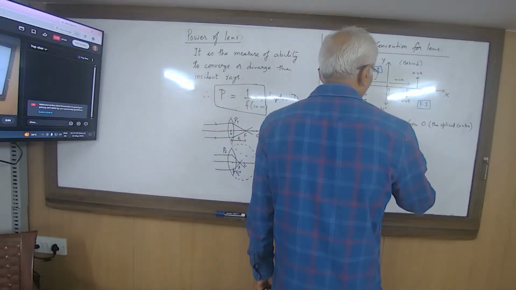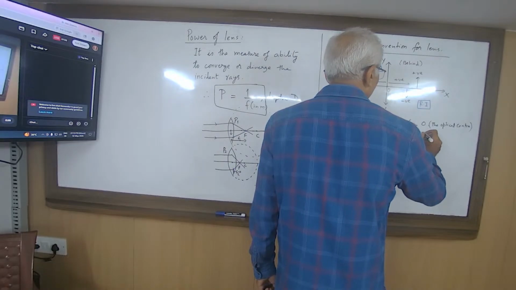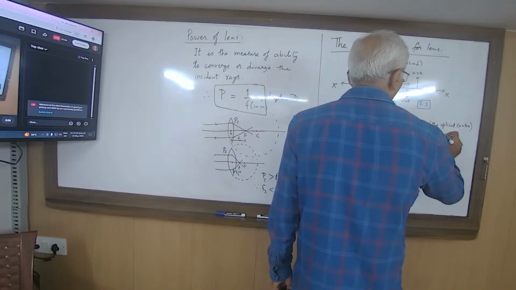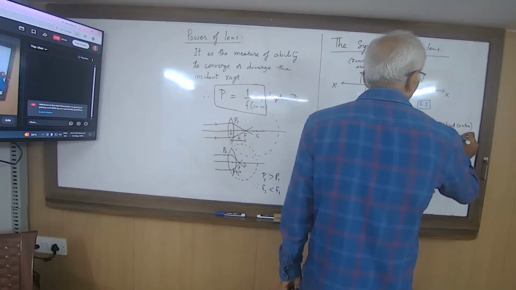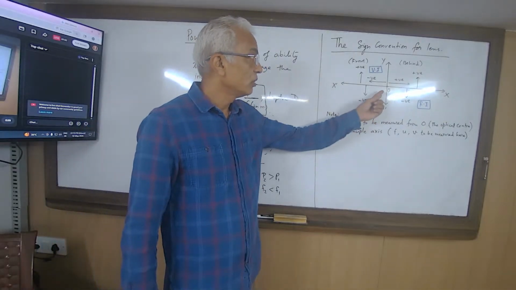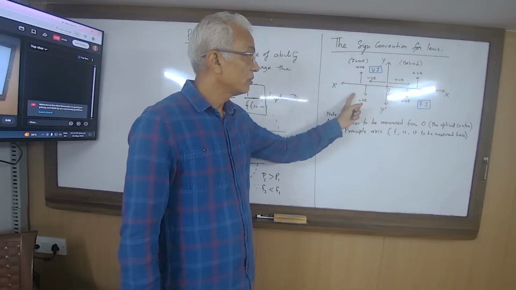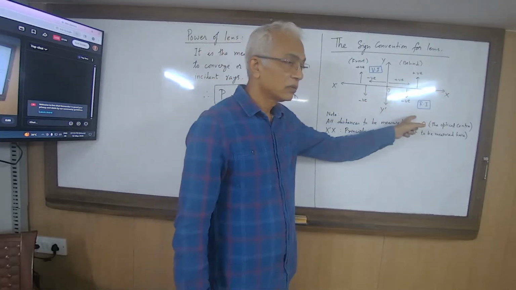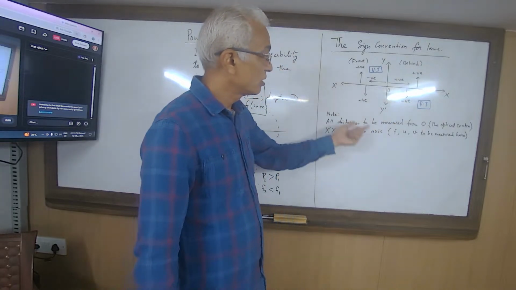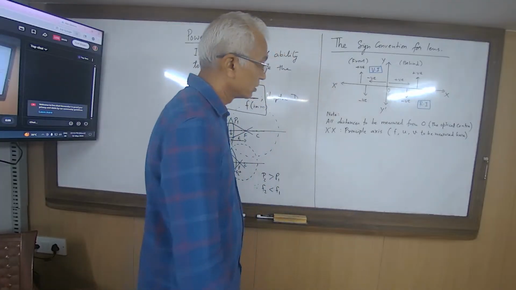What will you measure on the principal axis? F, U and V. If U lies on the left, it will be negative. If V lies on the left, it will be negative. On the right, for all real images, it will lie on the right. All virtual images, V will be negative. Real will be positive.